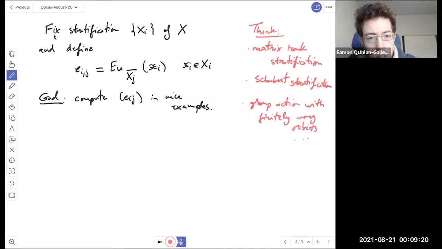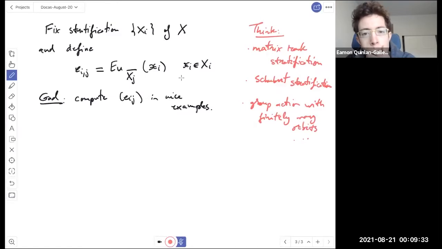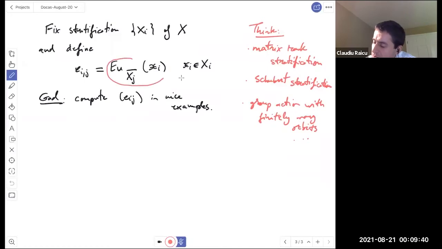Sorry, could I ask a question? Yes. So this e_ij will depend on the choice of x_i, the point x_i? Well, of course it will depend, because it's the Euler obstruction of the variety X_j bar.